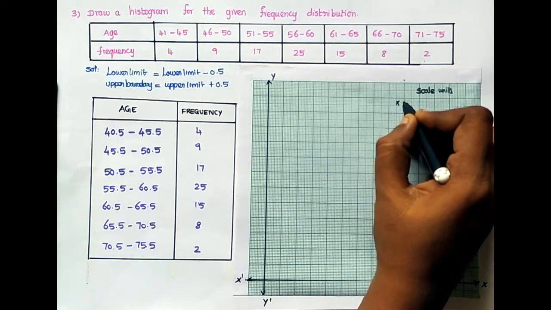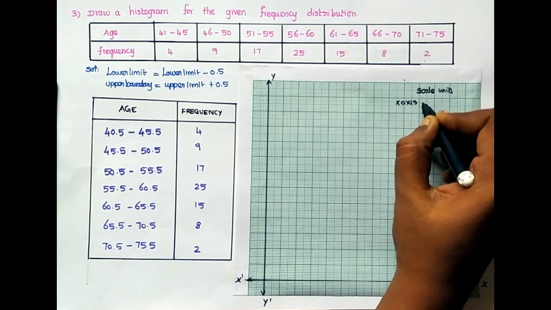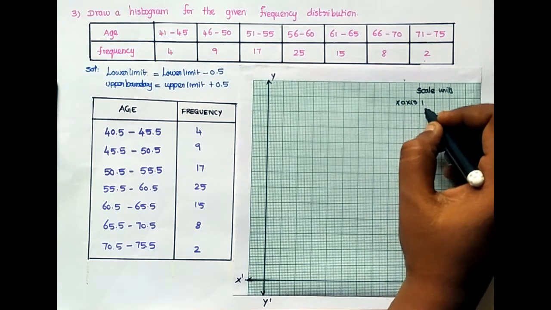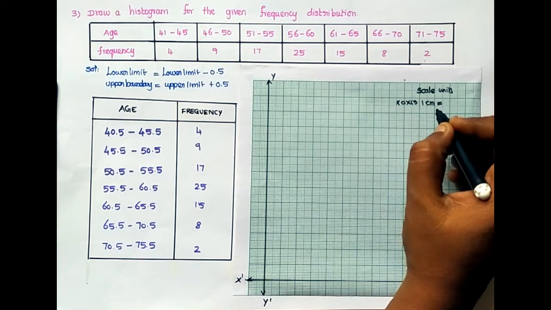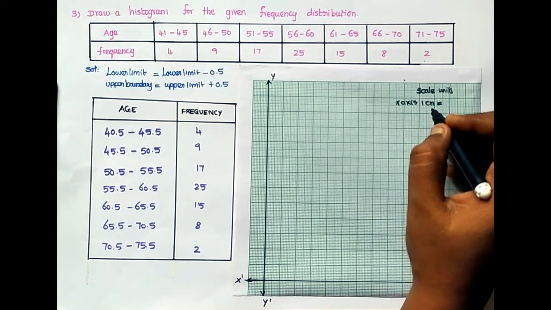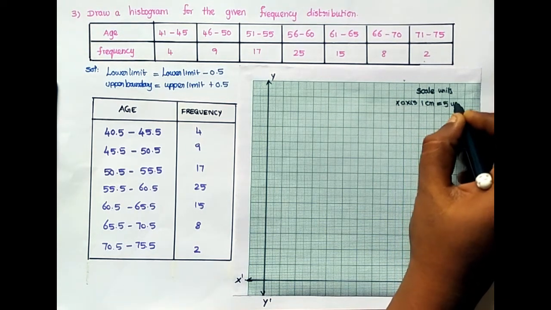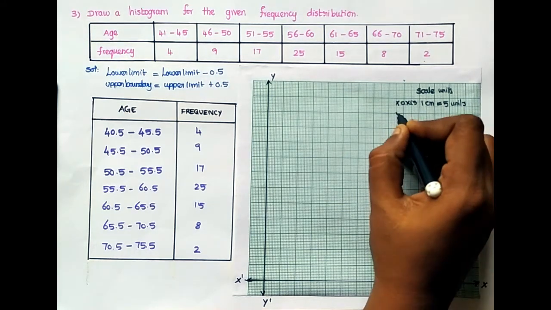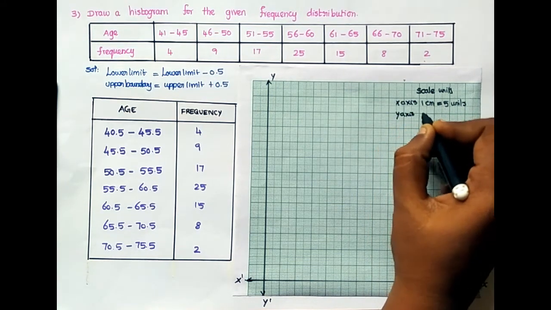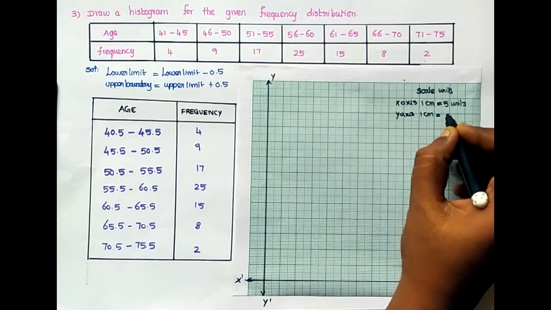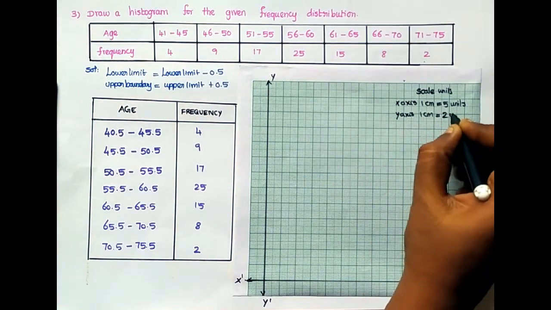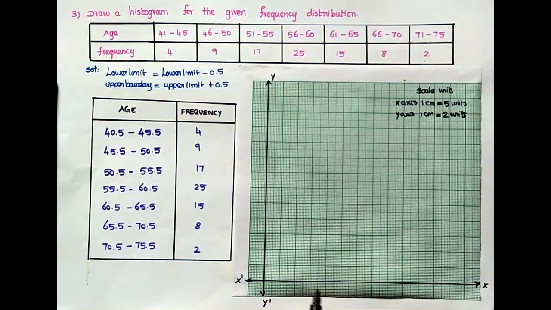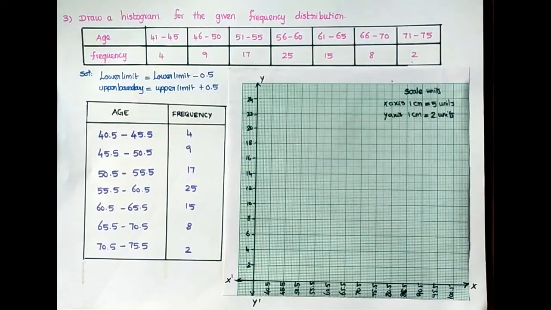Here X axis 1 centimeter equal to 5 units. Next Y axis 1 centimeter equal to 2 units. Now write down the numbers. Now draw the histogram.